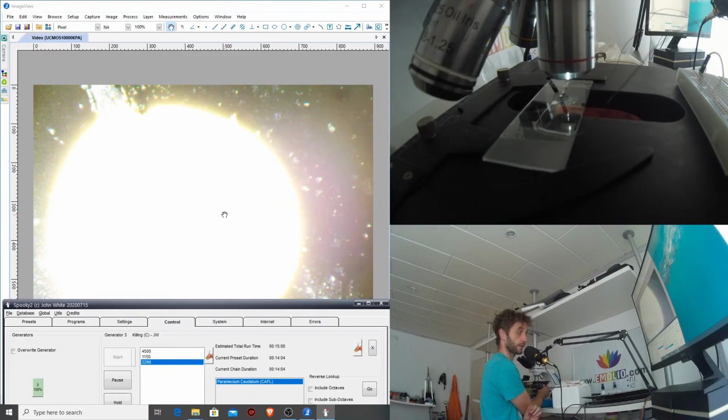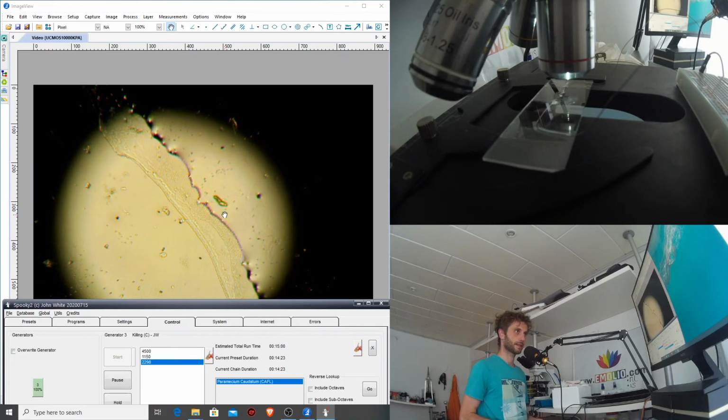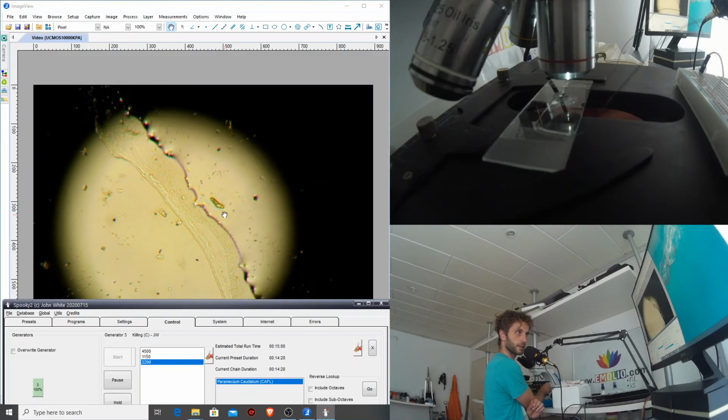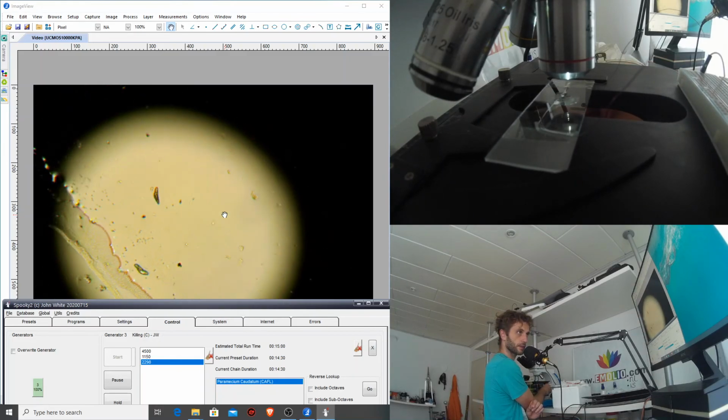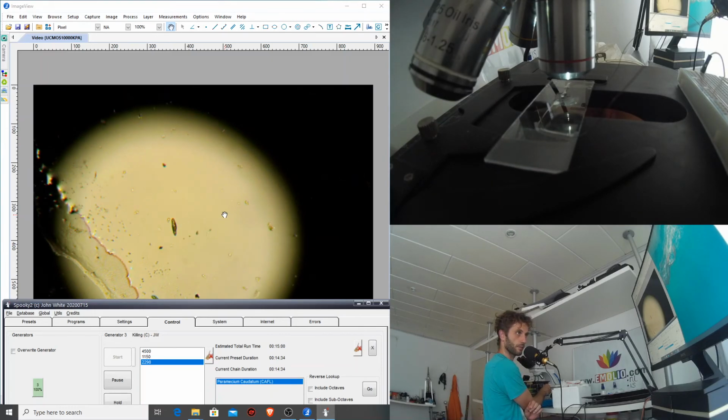And now let's see what happened to the other ones. Maybe some are still alive. So I can see the camera of my microscope is not that fast. Alright. So right now let's see. Oh, there's also the other one. Also a little bit of movement.